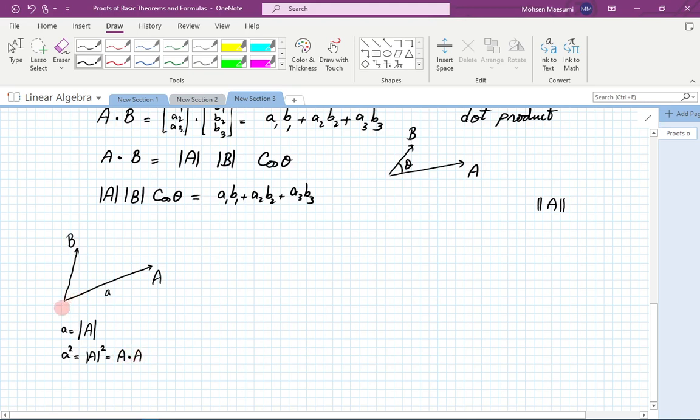So the little a is going to be the length of this one, the little b is going to be the length of this one. A and b are the names of vectors, and now what I need is to complete my triangle. So let's call this thing vector c, which is now going to be a minus b.